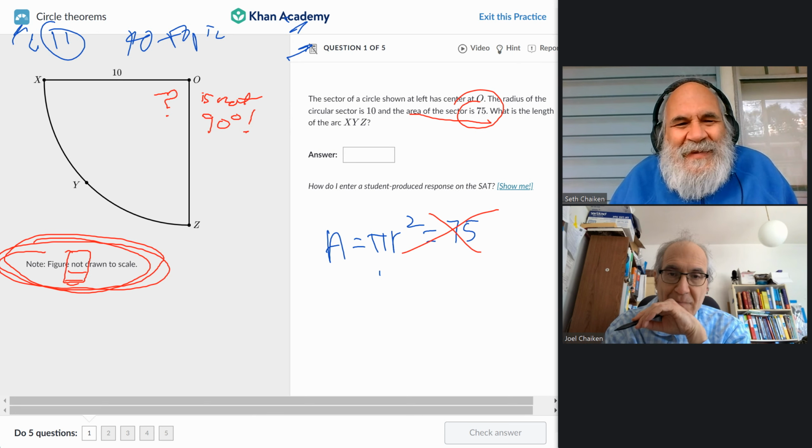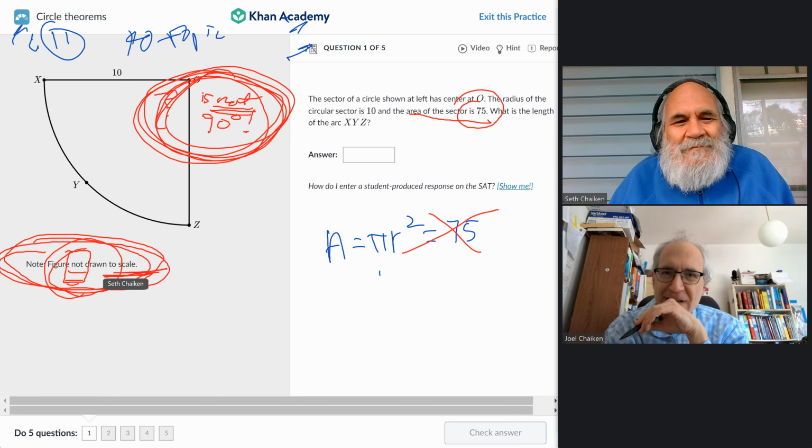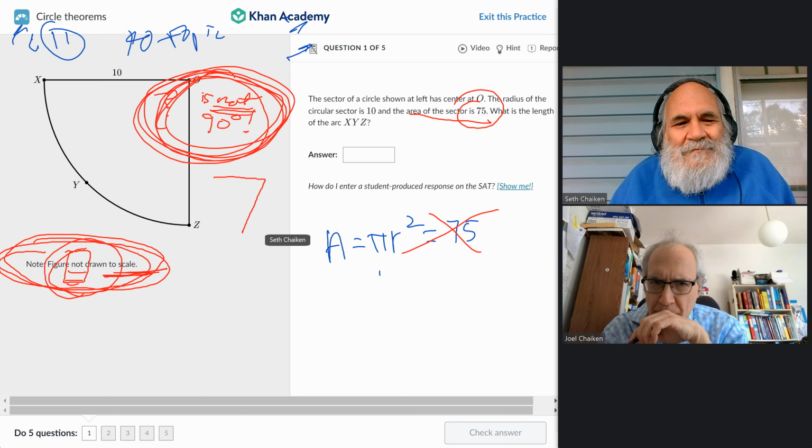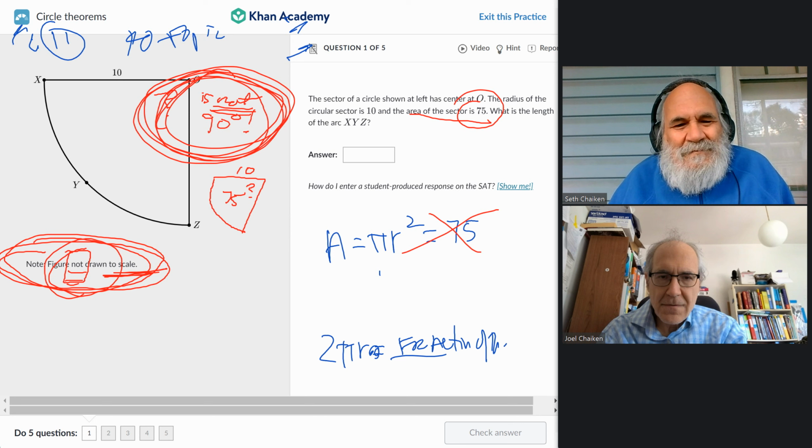But they're not telling you that's a 90 degree section, but the length of the arc is 2 pi r, the whole circle, times the fraction of the circle. Okay, let's do it just the straight way.